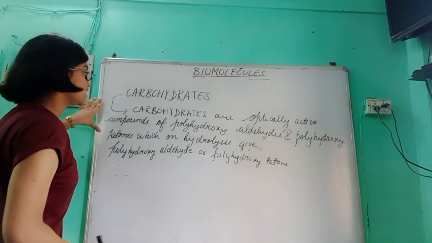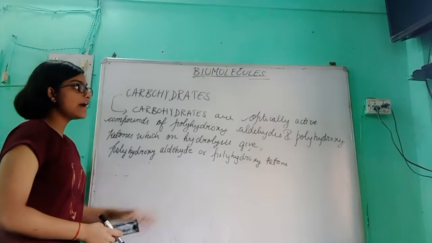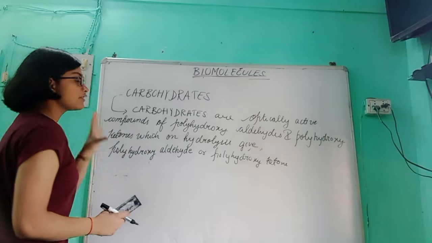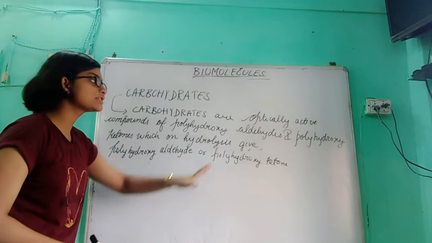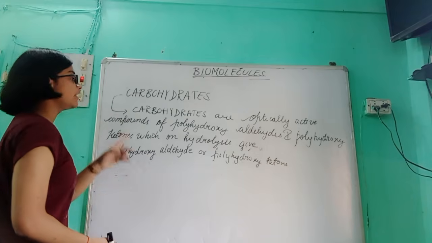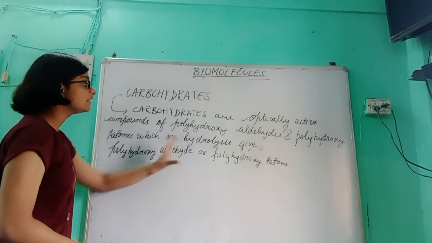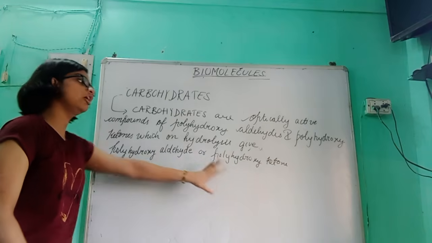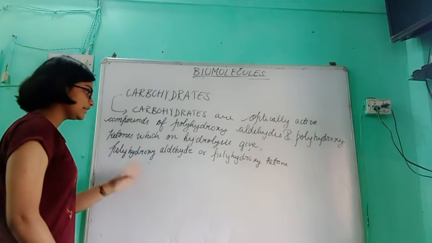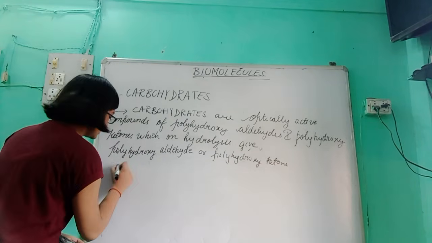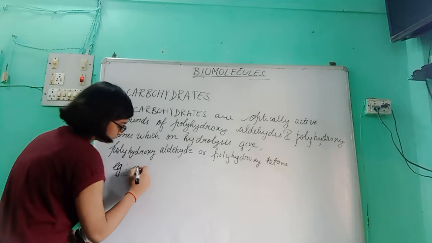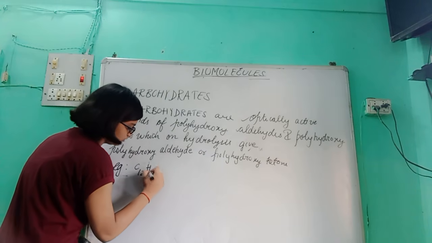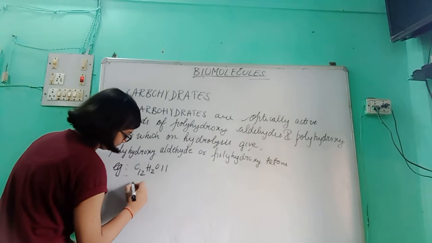The definition says that carbohydrates are optically active compounds which are formed of polyhydroxyaldehydes as well as polyhydroxyketones. And when they undergo hydrolysis, they either give polyhydroxyaldehyde or polyhydroxyketone. Like if I give an example, taking the example of sucrose, C12H22O11.